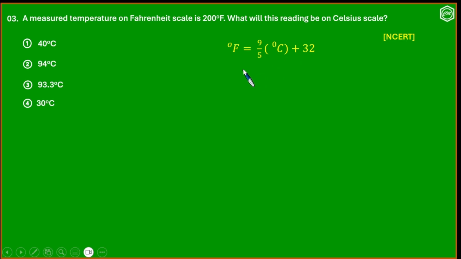So we need Celsius. So degree Celsius is amount in Fahrenheit minus 32 into 5 by 9. So 200 degree Fahrenheit minus 32 into 5 by 9, and that is equal to 93.33. So the correct option will be option 3.